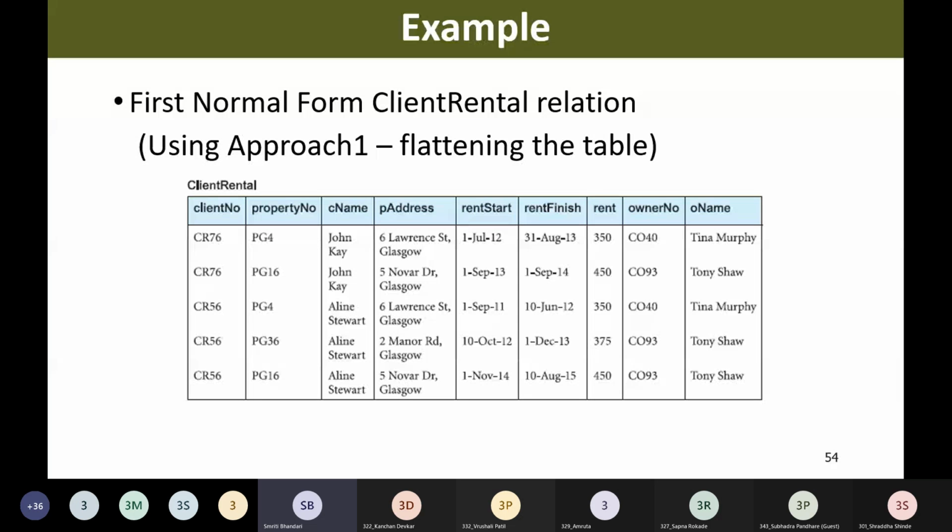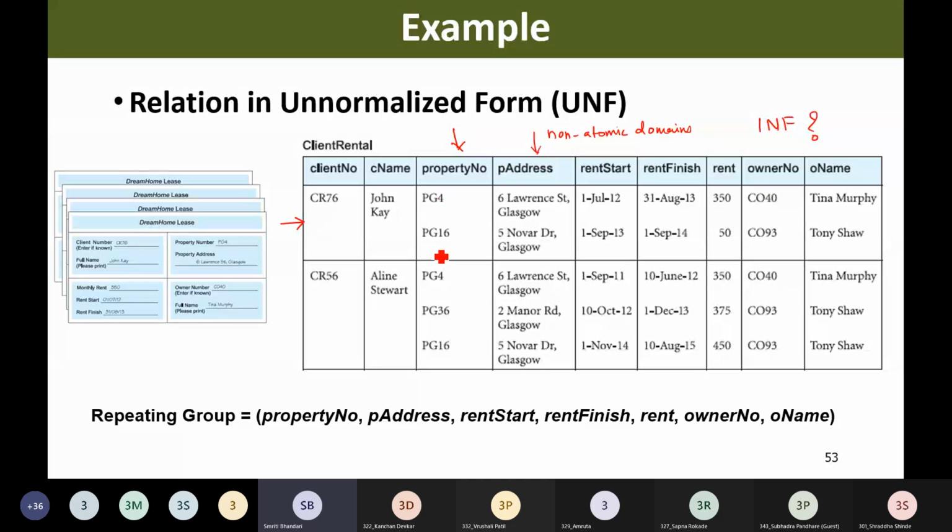So to convert this unnormalized table into first normal form, we have the first approach, and that is flattening the table. Simply, here we are going to treat these two as separate rows.